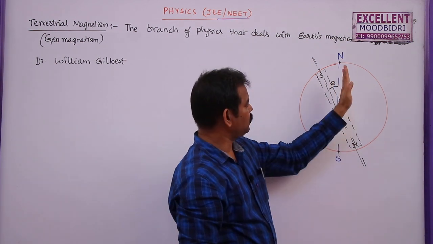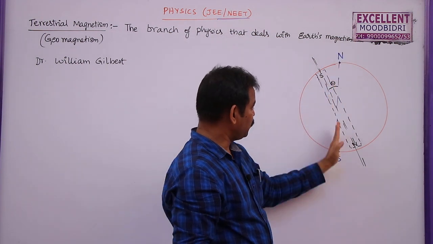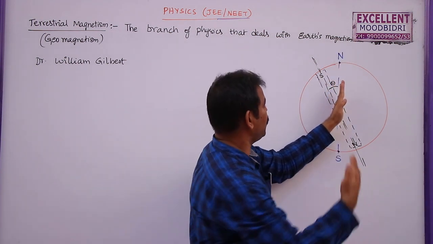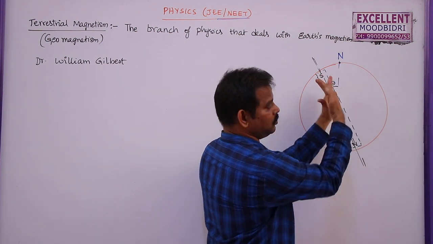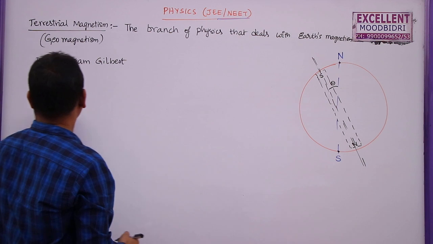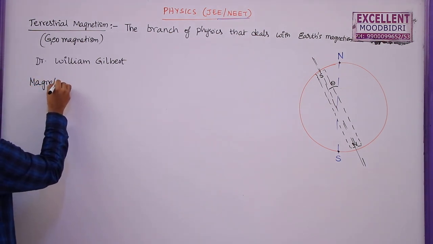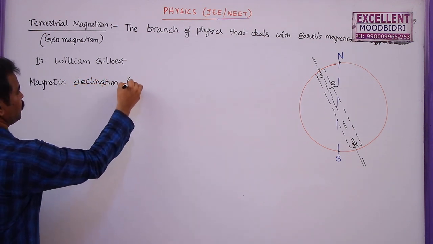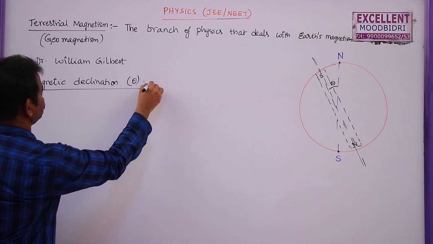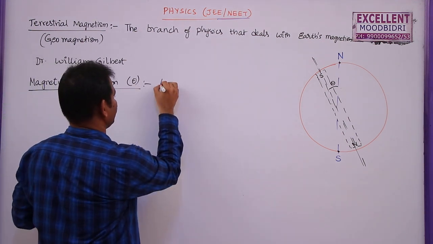The plane passing through the north-south poles is called the geometric meridian, and the plane passing through the magnetic axis is called the magnetic meridian. The angle between these two is called magnetic declination. In the diagram that is denoted with theta. So this is the angle between the magnetic meridian and the geometric meridian.